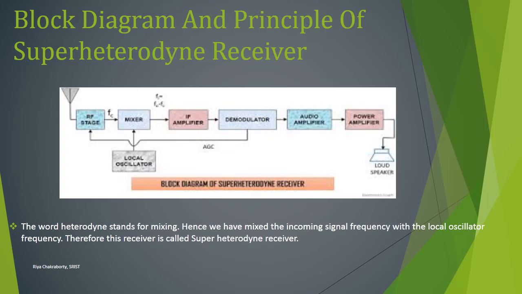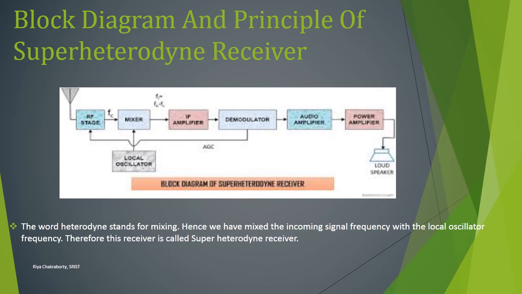The IF amplifier generally contains a number of transformers, each consisting of a pair of coupled tuned circuits. With this large number of double tuned circuits operating at a specially chosen frequency, the IF amplifier provides most of the gain and bandwidth requirements, that is, the sensitivity and selectivity of the receiver.